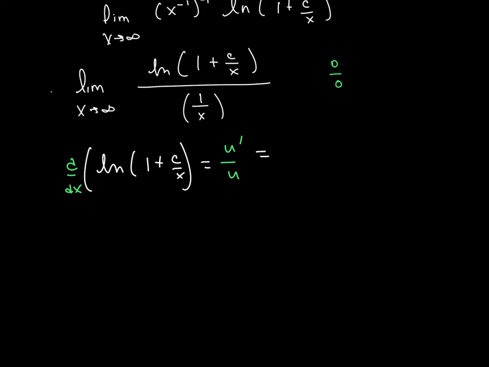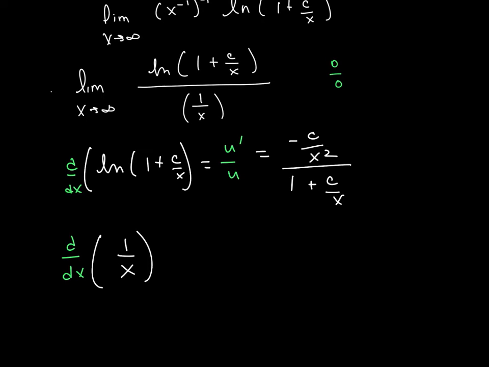So that gives me negative c over x squared divided by 1 plus c over x. Now for the derivative of the denominator, that's just 1 over x. Remember, this is just the power rule. Bring the negative 1 out front, subtract 1, which gives us negative 1 over x squared.